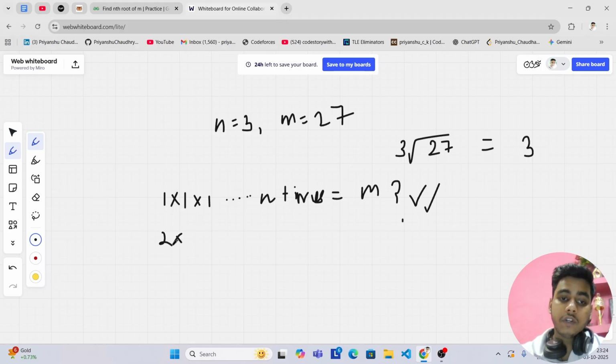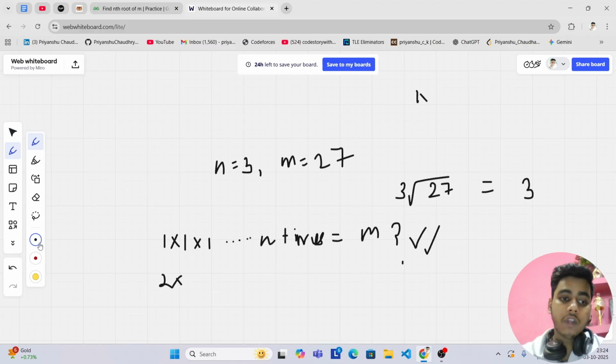But here, if we multiply 1 three times in this example, it will give 1. So it's not equal to 27. So it means cube of 1 is not 27.